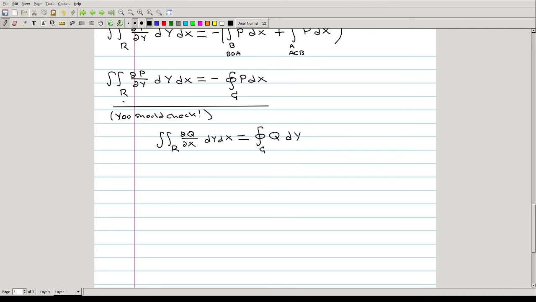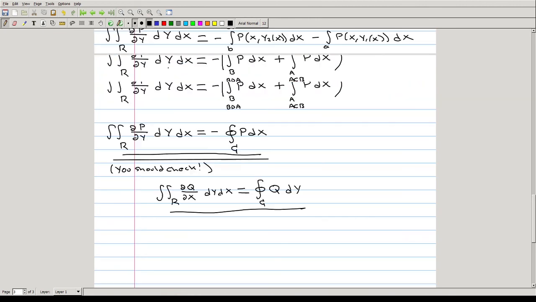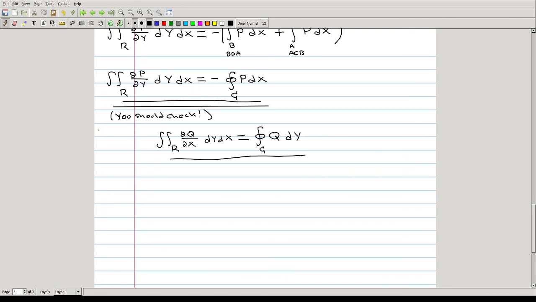So this is a big result, and this is a big result that you should check. It's very similar to the above calculations, just with a couple of very small differences. And when we now add the first part, this is step 1, this part will be step 2.